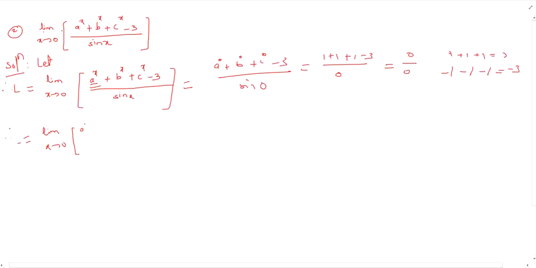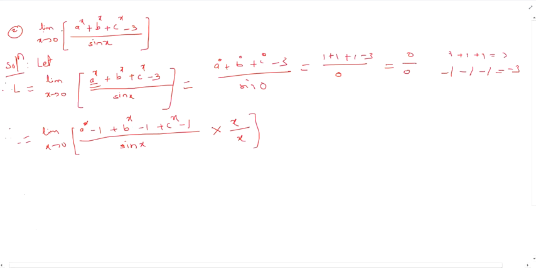So here we have a raised to x minus 1 plus b raised to x minus 1 plus c raised to x minus 1, and in the denominator we have sin x. But if we want to find the limit of sin x as well as the above terms, we need x in the denominator. How to adjust this? As we have seen in the previous example also, multiply by x by x.